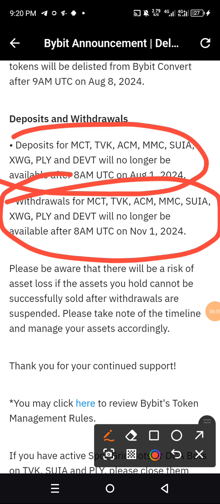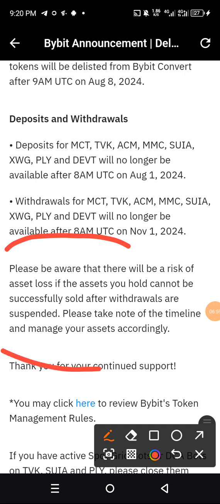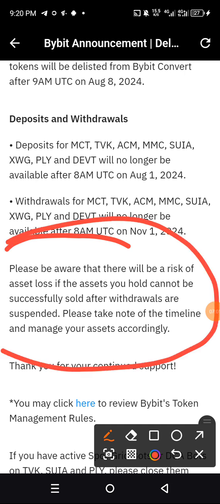Look at this information that Bybit is dropping for its esteemed users here. It said, please be aware that there will be a risk of asset loss if the asset you hold cannot be successfully sold after withdrawals are suspended. Please take note of the timeline and manage your assets accordingly.